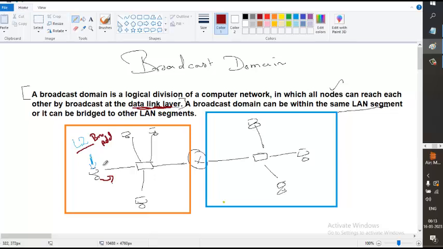So when a computer or a node, meaning any device that communicates, sends a layer 2 broadcast packet, if that packet can be reached, then they are all in one single broadcast domain.